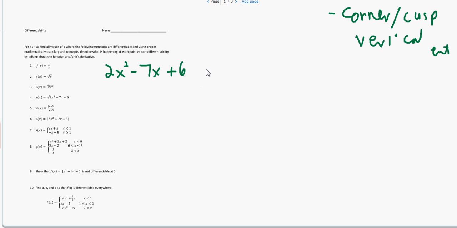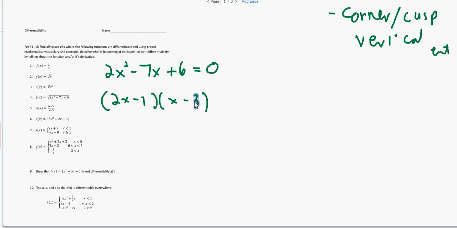We want to take out those points. And anytime you want to find out where something's negative or positive, the first thing you do is find out where it's 0. So we got to factor this. This is going to factor into 2x, x, what? Let me think here. 3 and 2, minus 1, minus 3. So 2x squared minus 6x minus x is 7x.